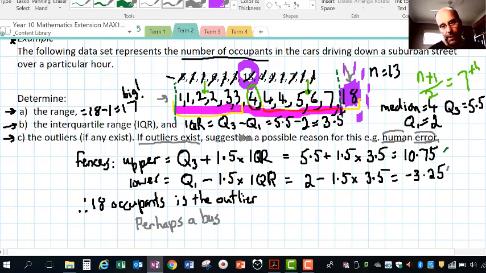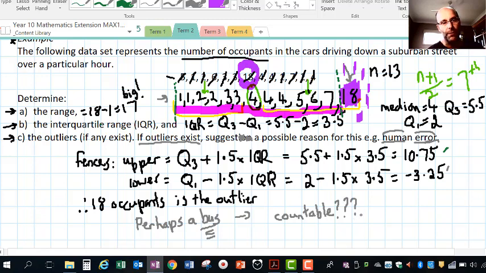You probably want to check that, because counting 18 people as something's going past, is that really possible? It must have been going slow. You might want to check that, but there is a plausible reason. It could be a bus, but is it possible as something's driving by to count 18? You'd have to check that out. So it all depends on the situation.